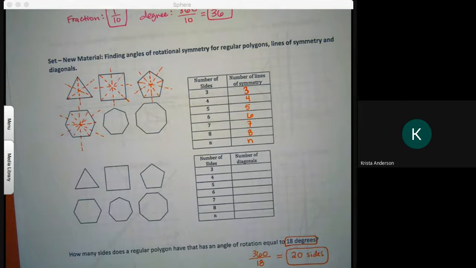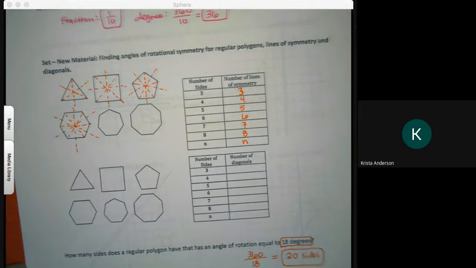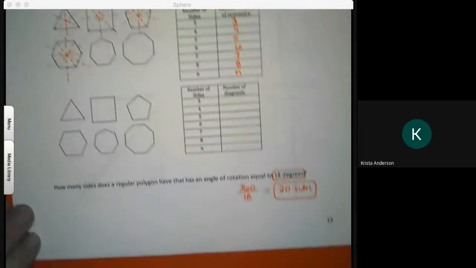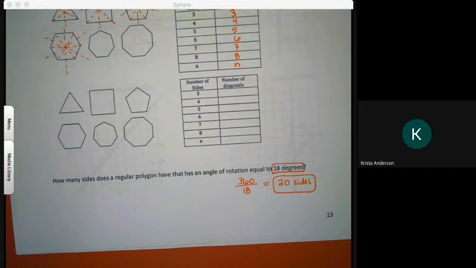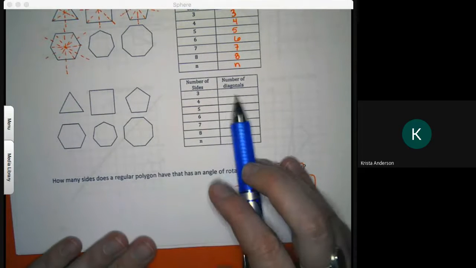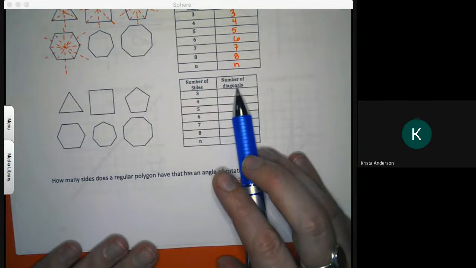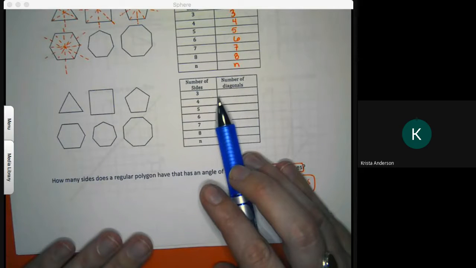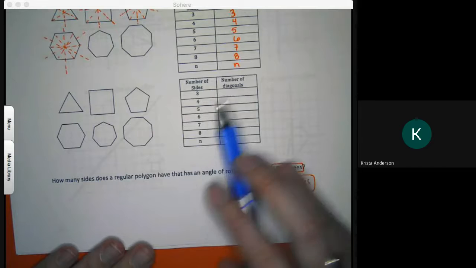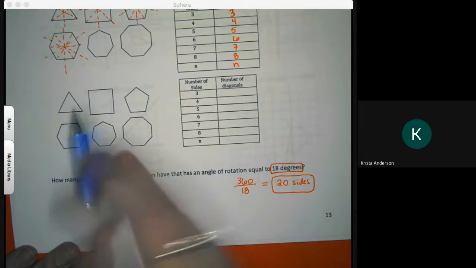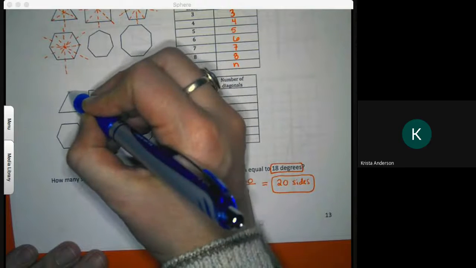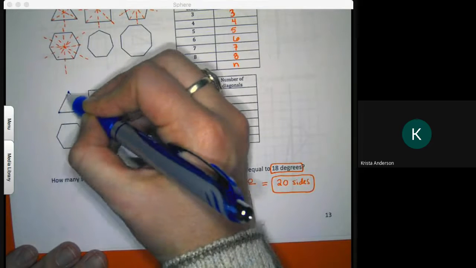Yeah, okay. The next one is more difficult to do. Number of diagonals. Diagonal is from corner to corner. So when I have a triangle and I try and go from corner to corner, I can't do this point to that one because it just draws the side length.